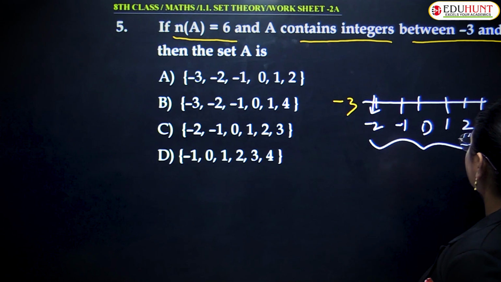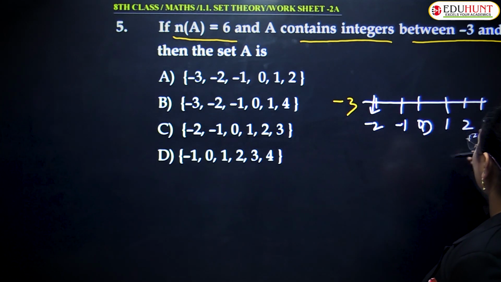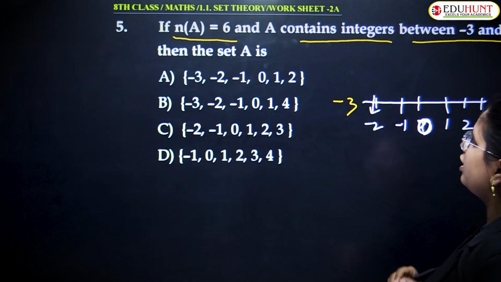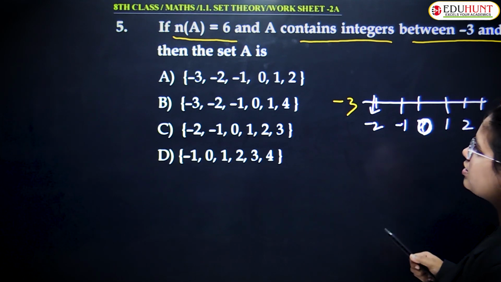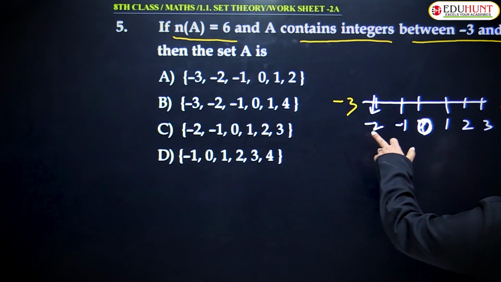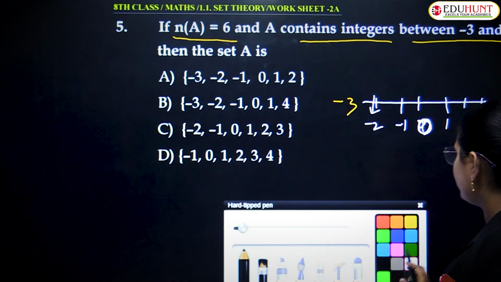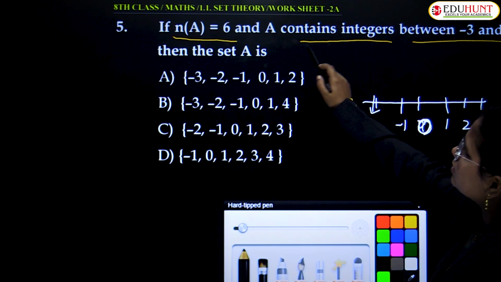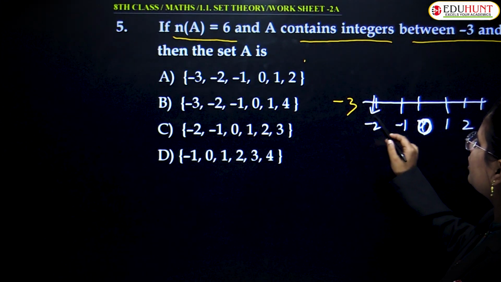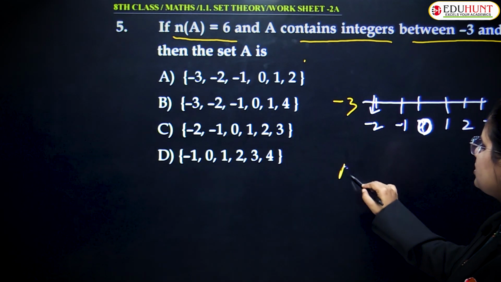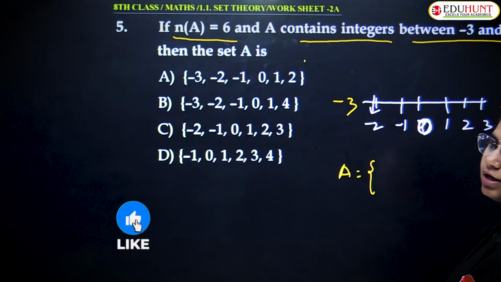So how many numbers are there? 1, 2, 3, 4, 5. So you have 5 elements, but it should contain 6. So what is the set they have mentioned? Set A has cardinality 6. Okay. Set A, how will you represent cardinality 6?